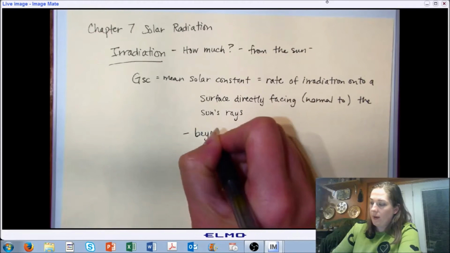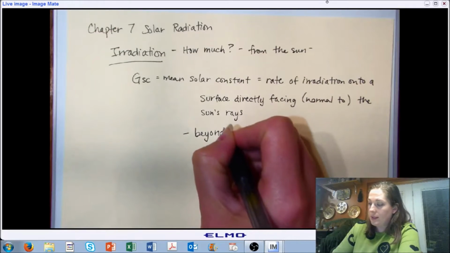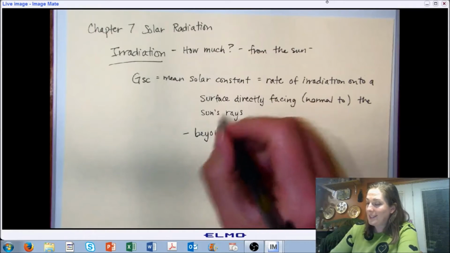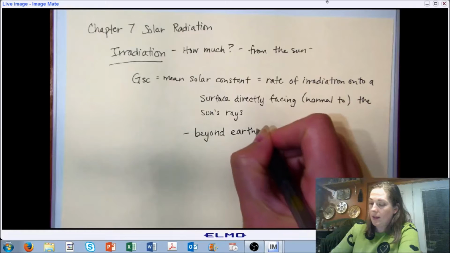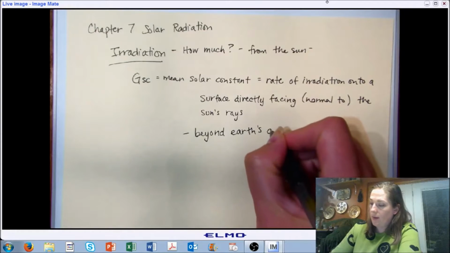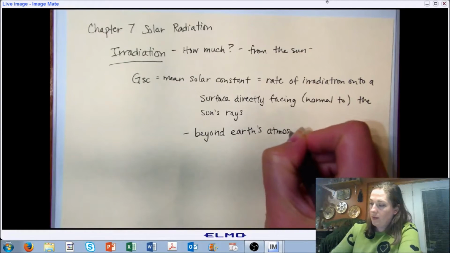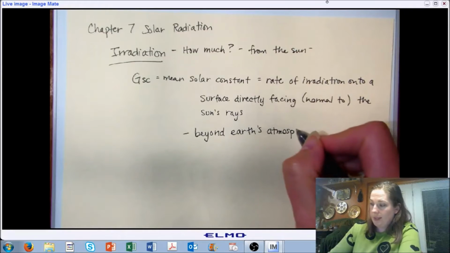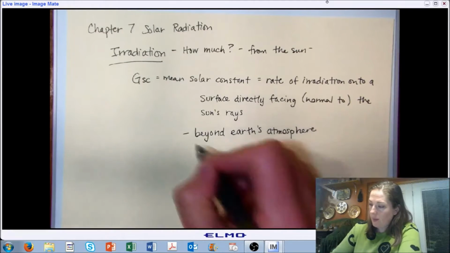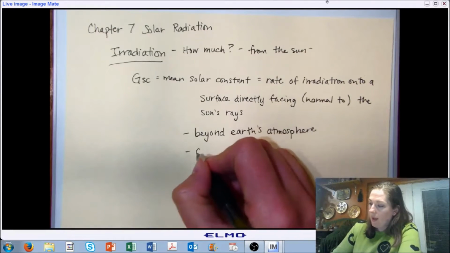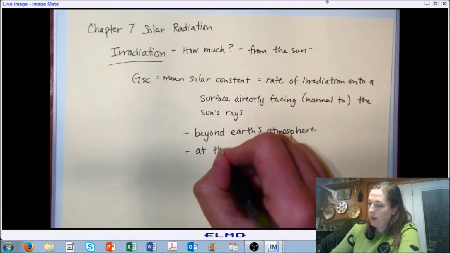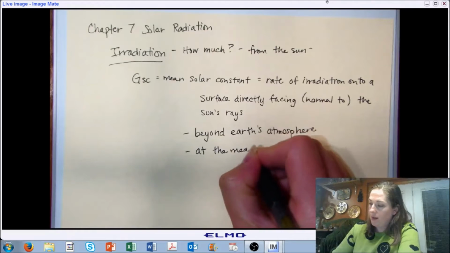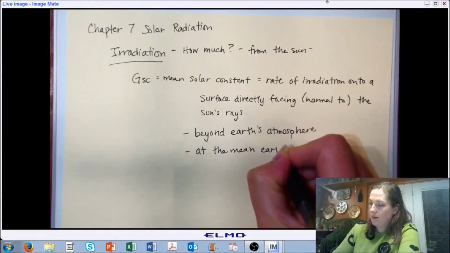And this value, or the value we're given in this constant, is taken beyond the Earth's atmosphere, so without any interference from the atmosphere. So think a solar panel out in space. Taken just beyond the atmosphere at the mean Earth-Sun distance.